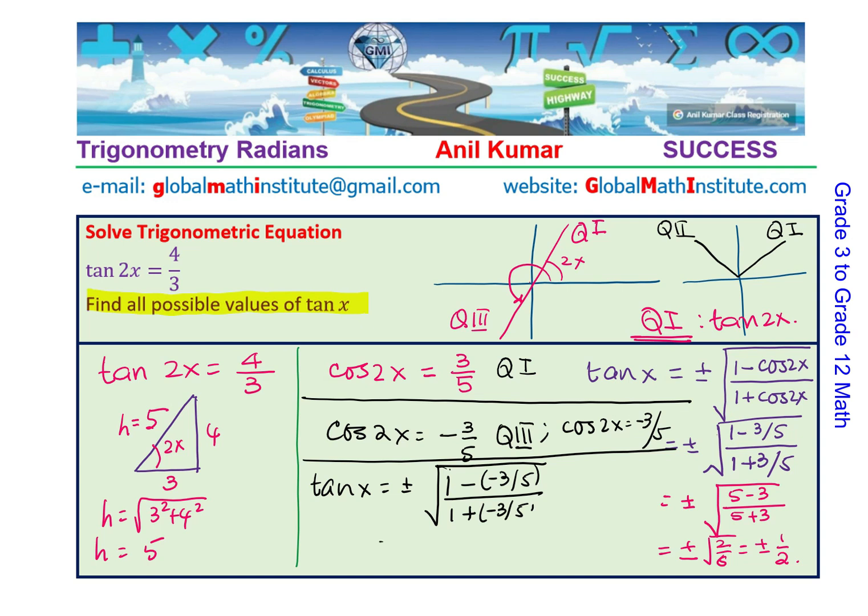And that is going to give you plus and minus, not half, but 2. You get the idea? And therefore, we have a solution which is plus minus 2 or plus minus half. Is that clear to you? So we have a solution for tan x equals to plus minus half and also plus minus 2.